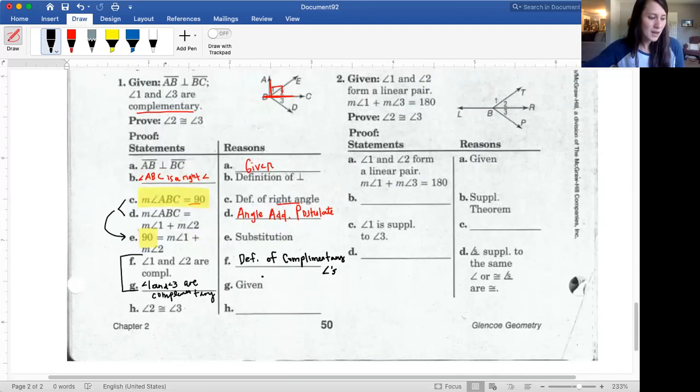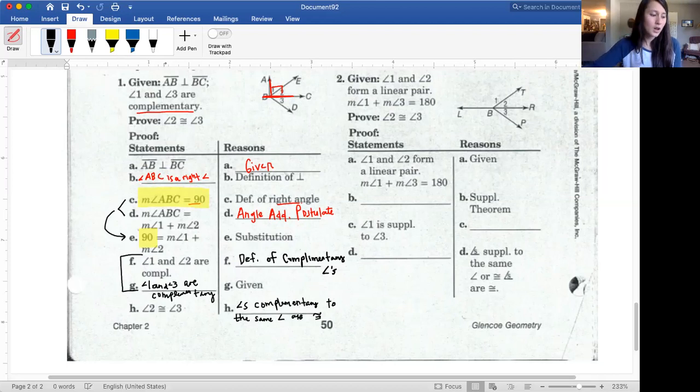But I would say, same angles. Let's see, angles complementary to the same angle are congruent.